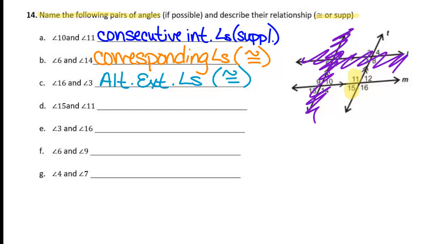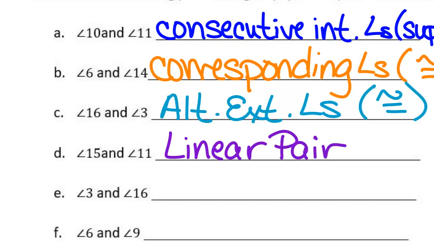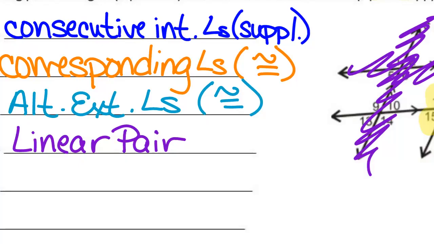These two angles touch the same two lines. They're side by side. What do we call that special angle pair? Linear pair. This is a linear pair. Are linear pair angles congruent or supplementary? Supplementary.